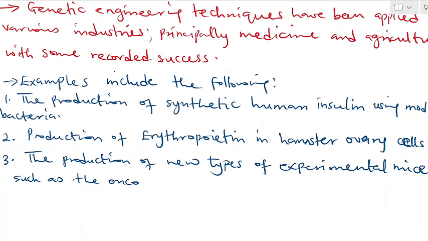Onco simply means cancer cells, so the oncomouse can also be called cancer mouse, for research purposes.